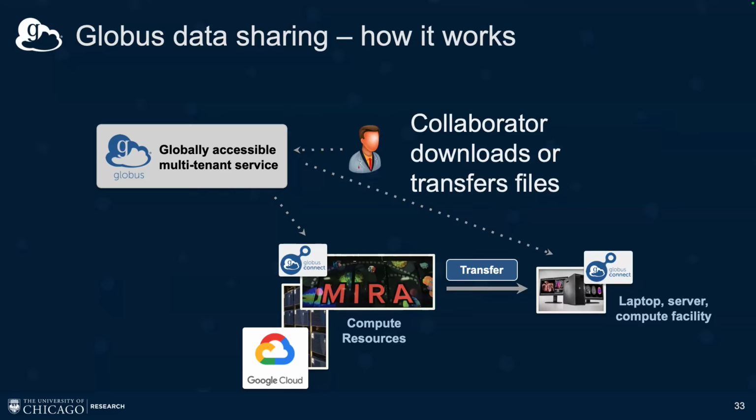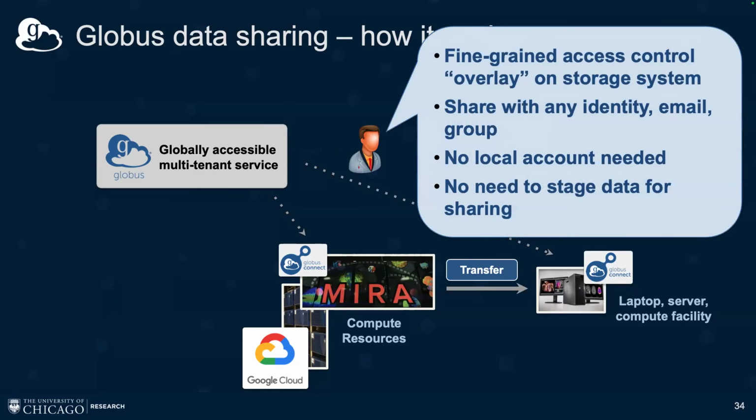Okay, so let me make sure that I mentioned everything: no local account, no need to stage the data. The collaborator doesn't have to have logged into Globus beforehand. You can share with an email address. As long as you know the collaborator's email address, you can share the data.